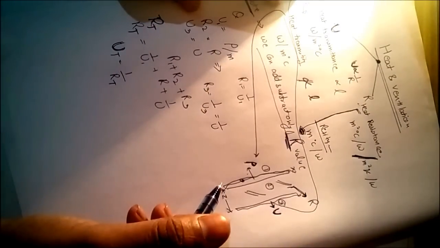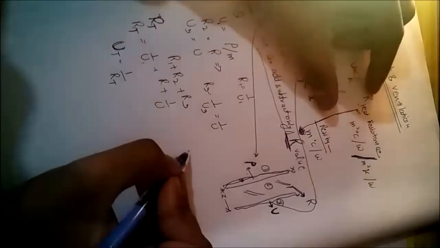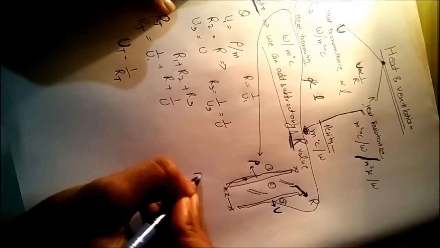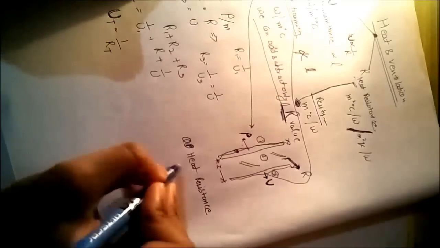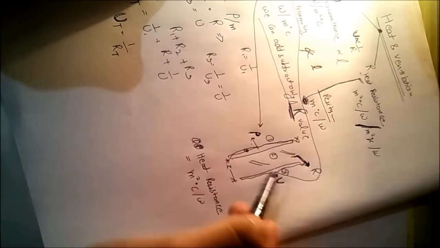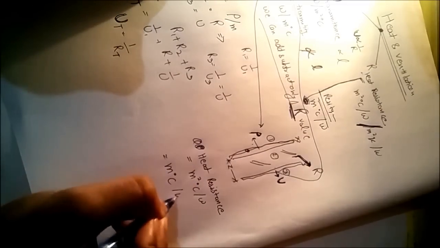Now we can find out the heat resistance. Heat resistivity: if in the question we are given heat resistance, whose unit is degrees Celsius per watt, and we have to find out the resistivity, that is meter degrees Celsius per watt, we just divide it by the length or the thickness.